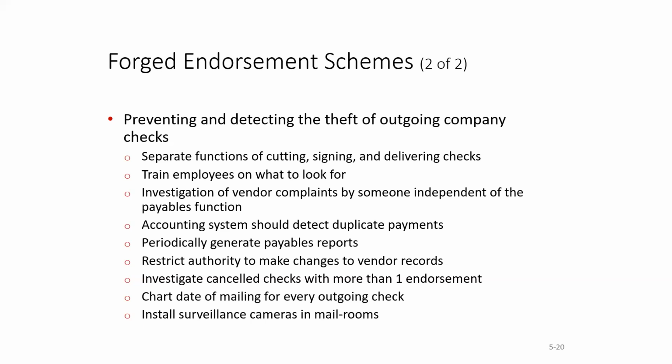We also would like to look for duplicate payments. So if we have made a payment and then the vendor calls and says they never got it, so we cut a second check, we could look to see if we have multiple payments for the same invoice. So these are all different things that we can do to prevent these forged endorsement schemes.